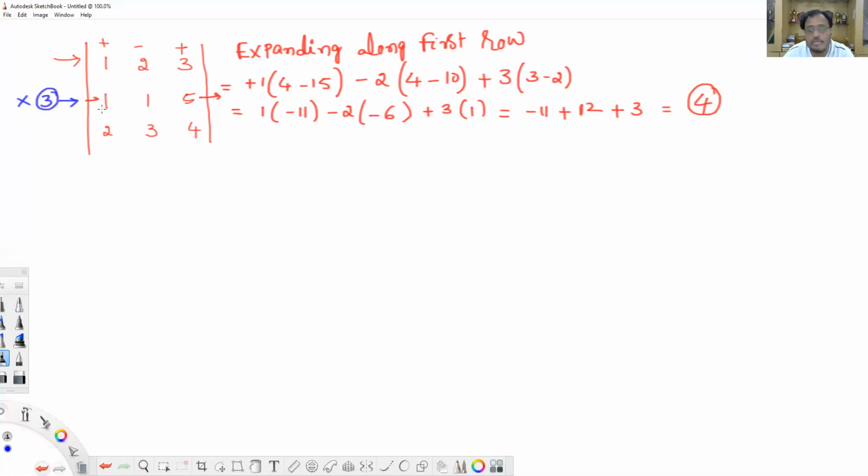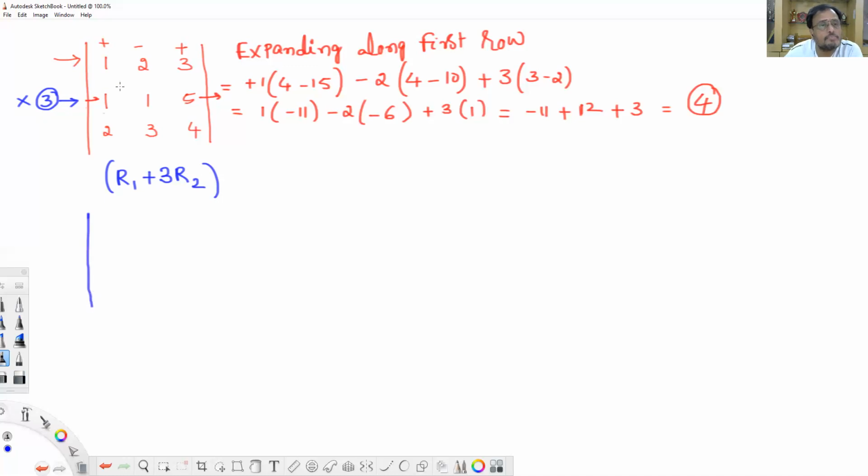After multiplication, the result you get, I'm going to add to the first row. That means 3 times R2: every element of R2 I multiply, and that I add to R1. This is one operation.